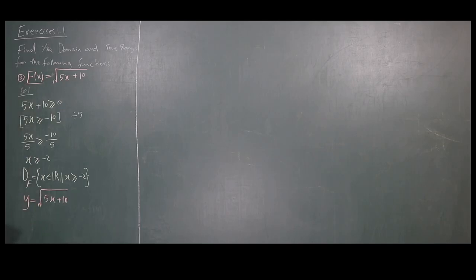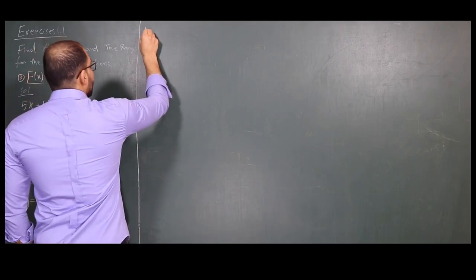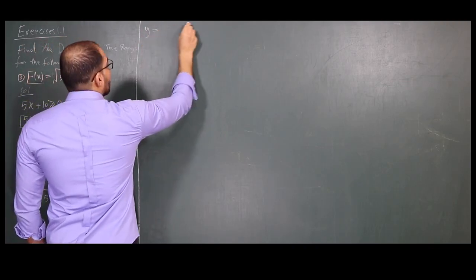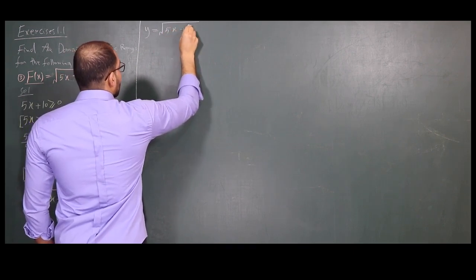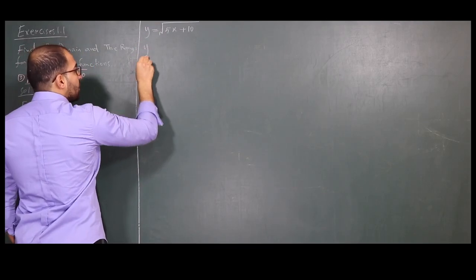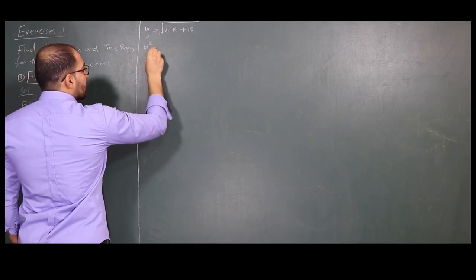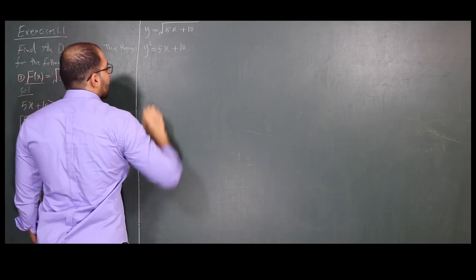We need sacrifice. So I'm going to rewrite it here just to make things clear. y equals the square root of 5x plus 10. I'm going to apply the square. So I'm going to square this. The result will be y squared equals 5x plus 10.